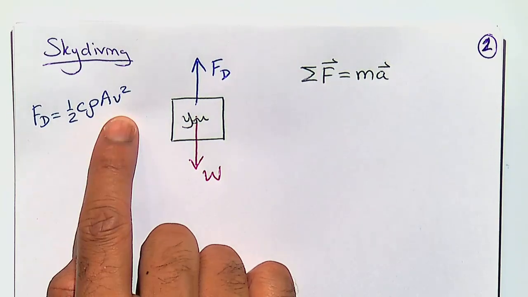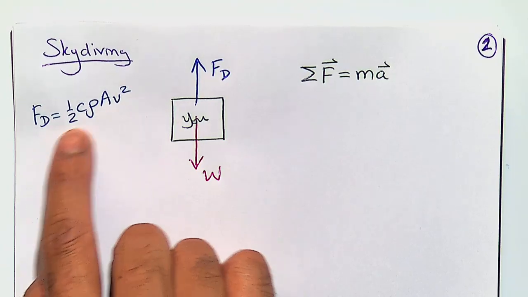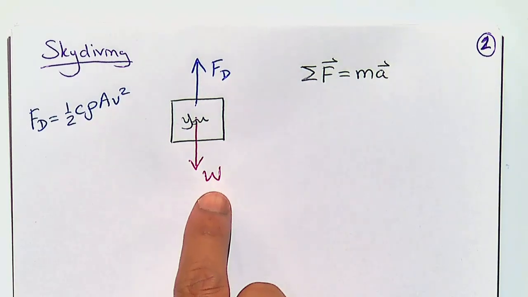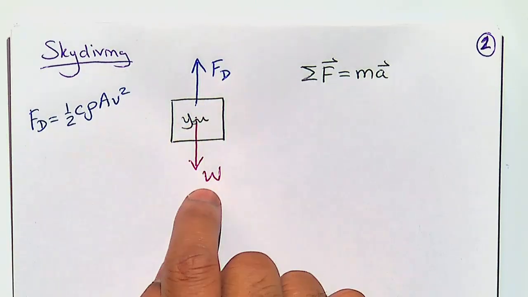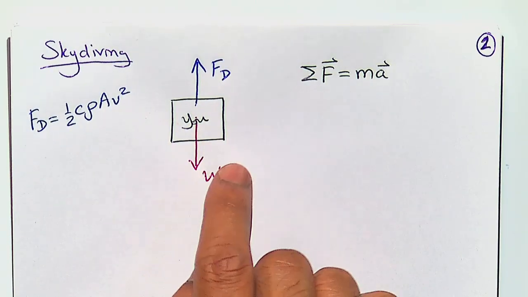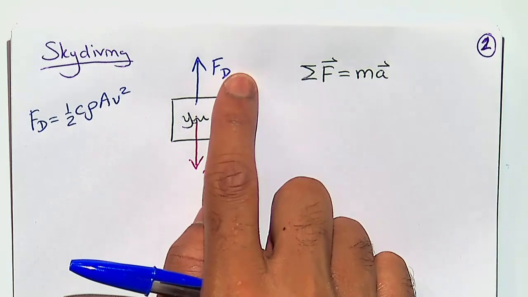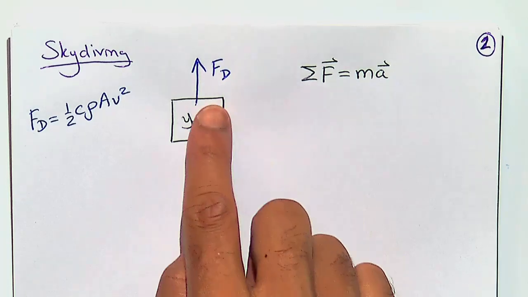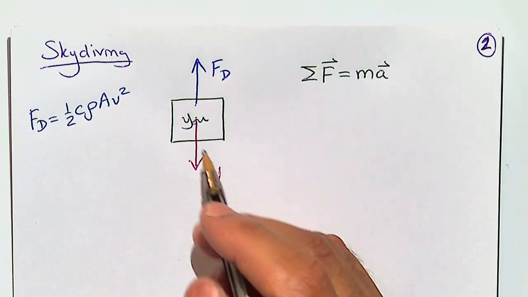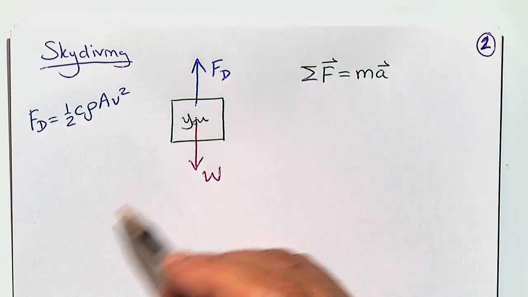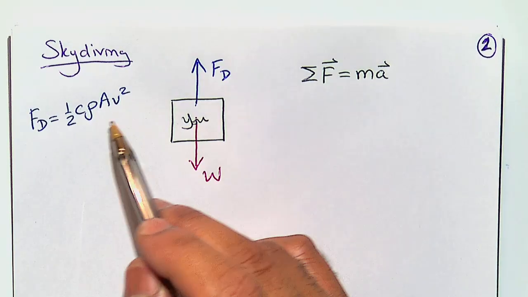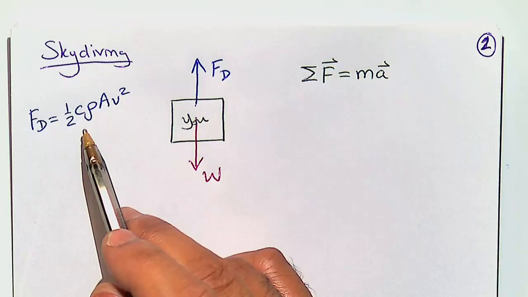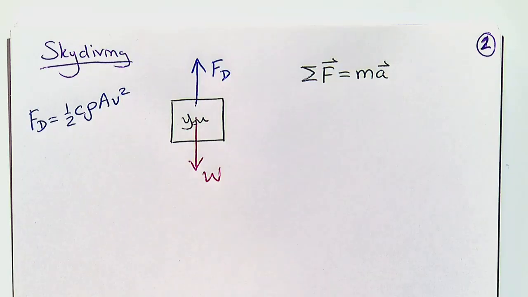So at some point, you can imagine that this force is large enough to be equal to your weight itself. Not initially. When you just jump off the airplane, your weight is significantly higher than the force of drag, so you fall down and accelerate into the ground. But after your velocity has gotten fast enough, this number could be as large as your whole weight.